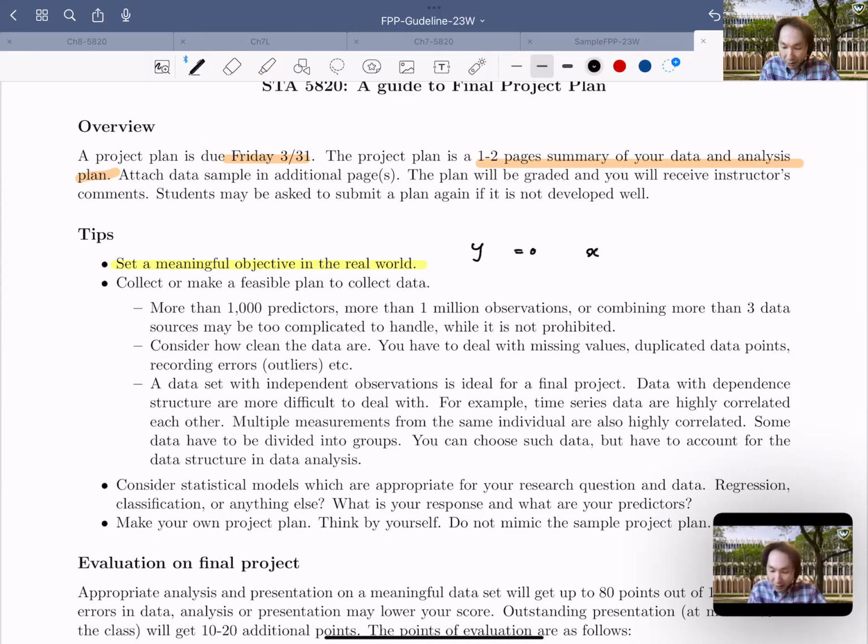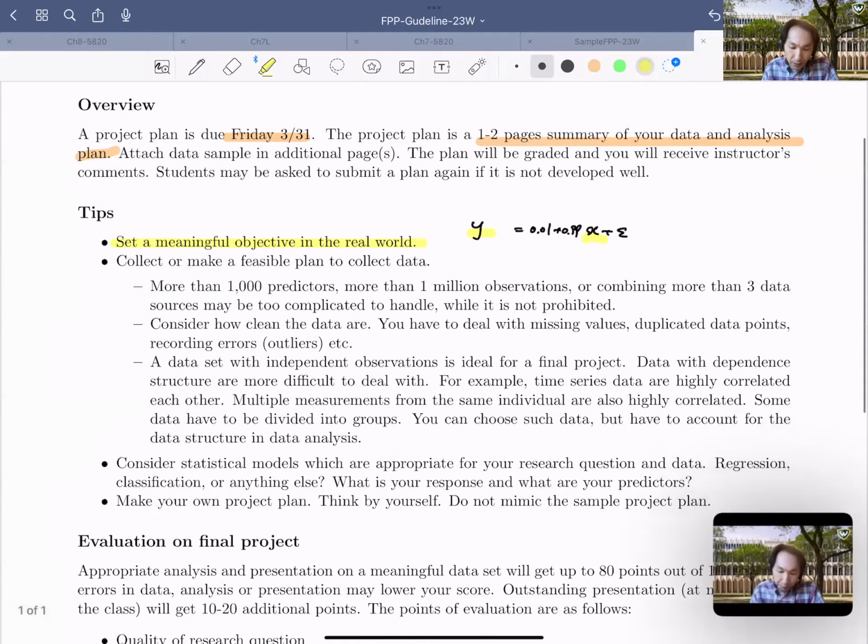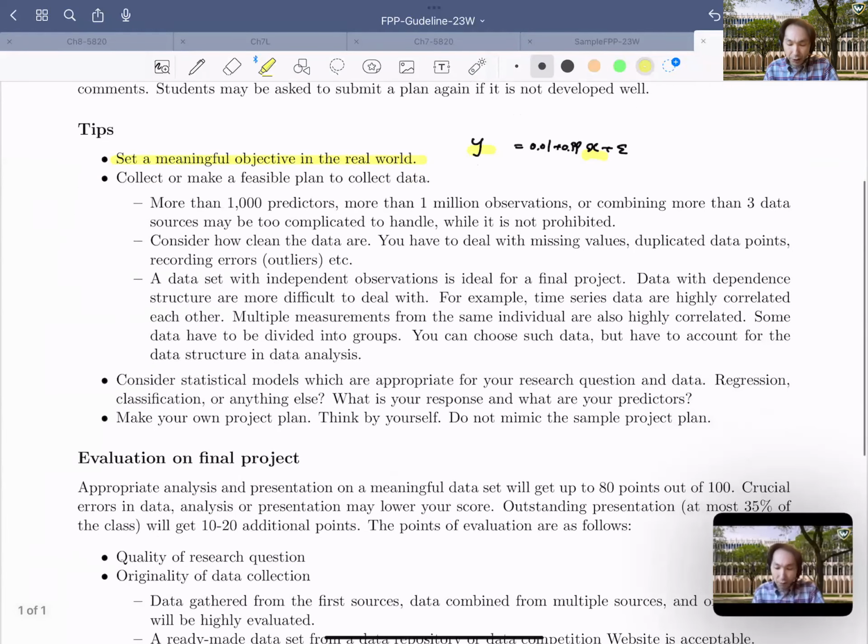So maybe 0.01 plus 0.99X plus epsilon, with very small error. But this isn't really interesting. Usually we expect some relationship between X and Y, and we hope that X is a useful predictor for Y, or a useful factor to explain Y. So setting a meaningful objective in the real world is important.